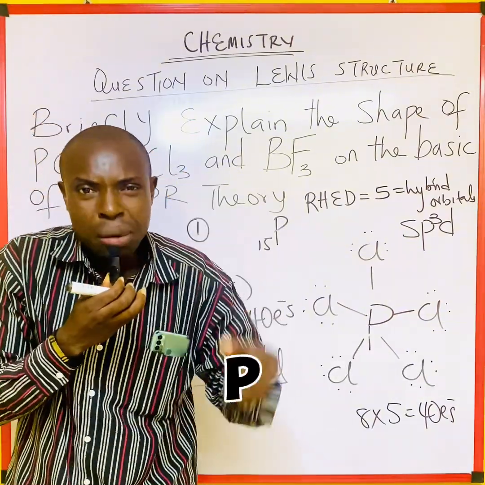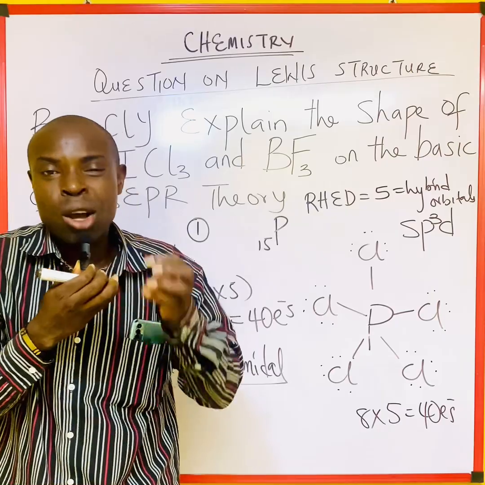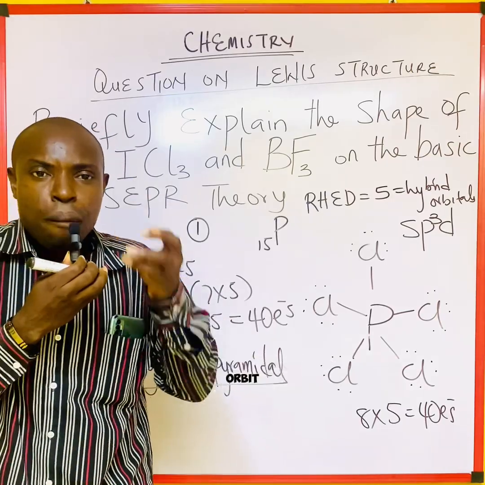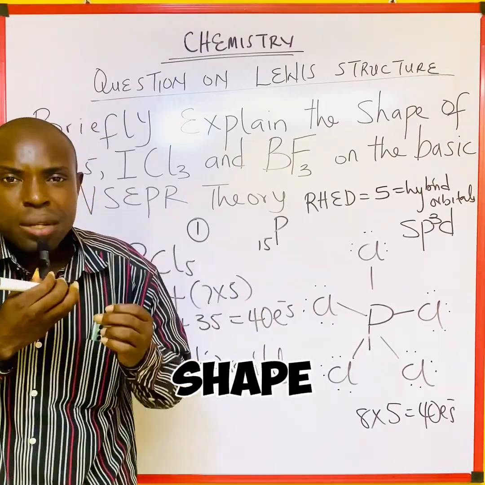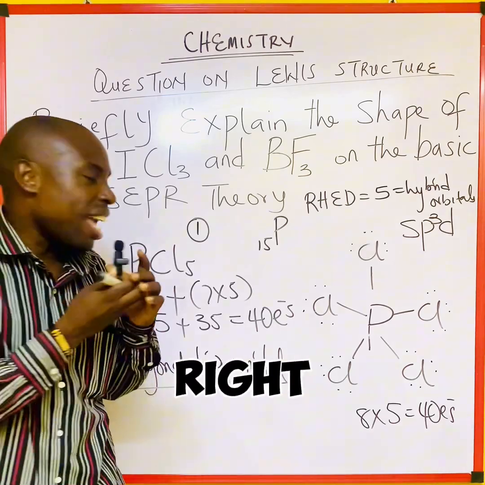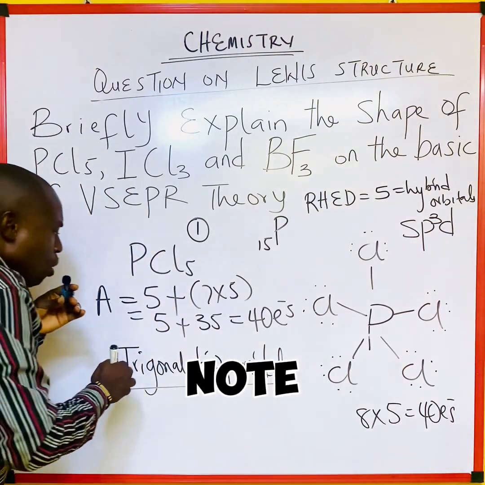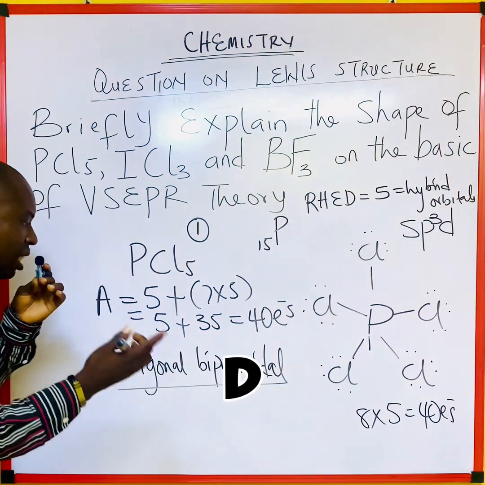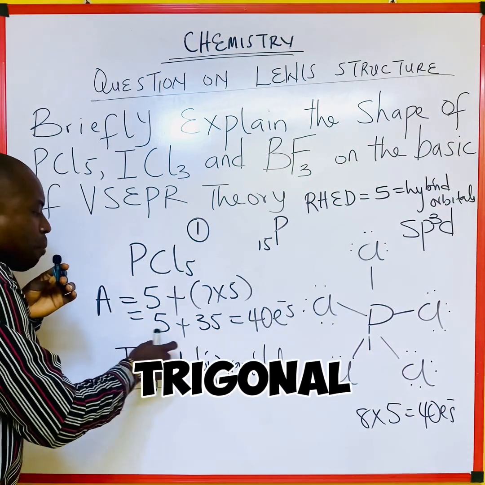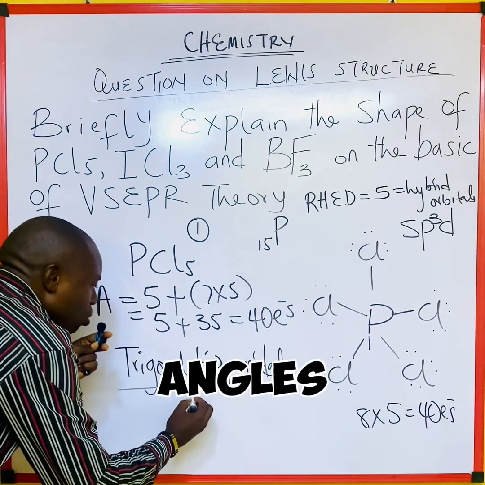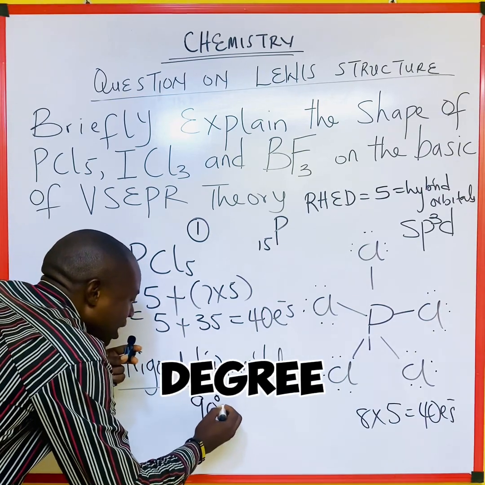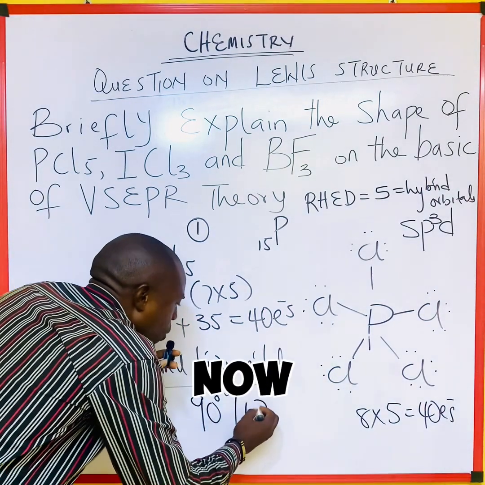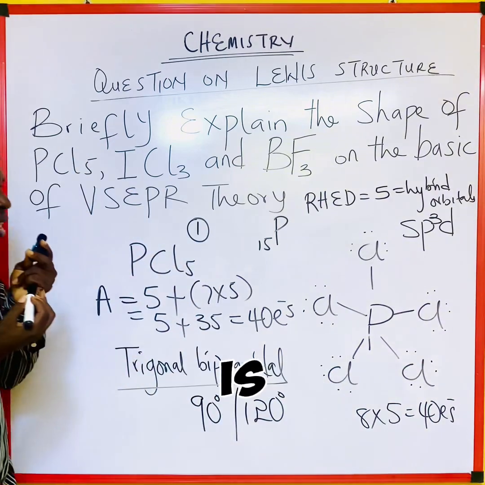When you are sp, an s orbital and a p orbital, your hybrid orbital is 2, and your shape is linear. Please take note, for molecules that are sp3d or trigonal bipyramidal, their bond angles are 90 degrees and 120 degrees. Is that clear?